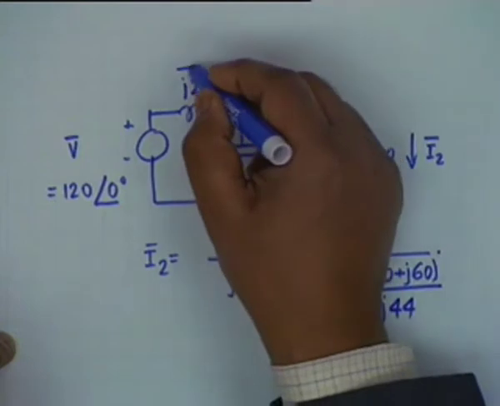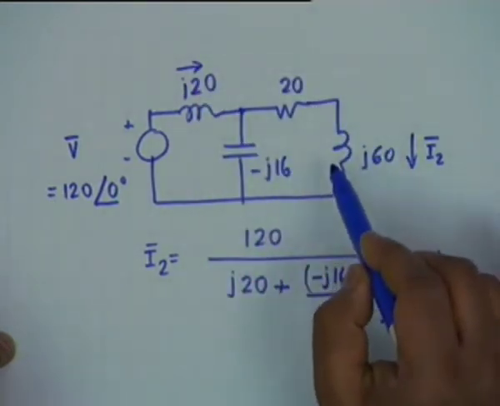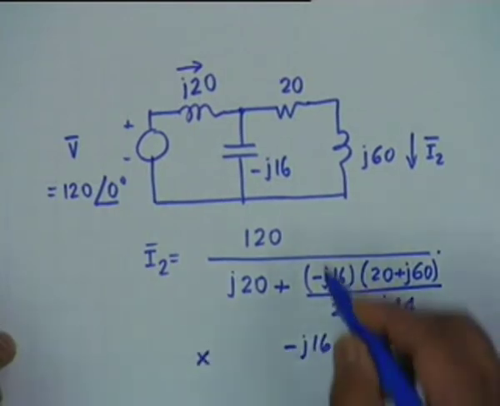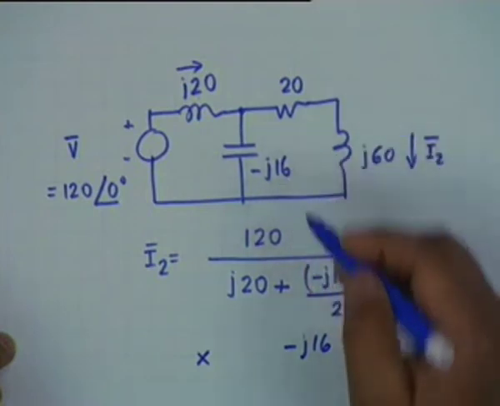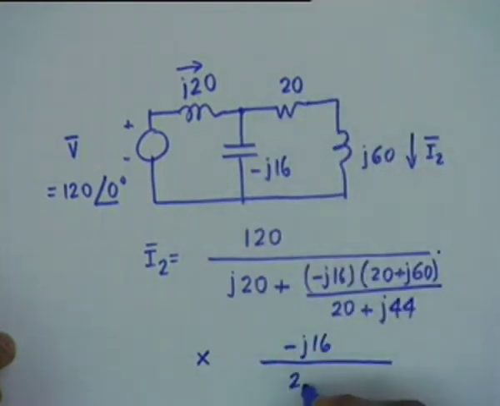Multiplied by, this is the total current phasor, then it makes a division between two branches, and therefore this shall be multiplied by minus j16, the impedance of the other branch, divided by the total of these impedances, which is 20 plus j44. This you can write down by inspection.